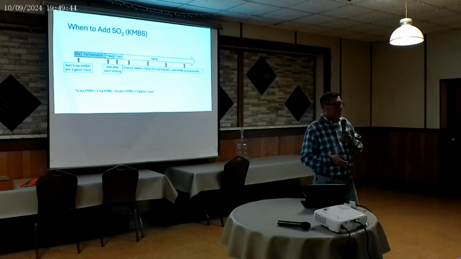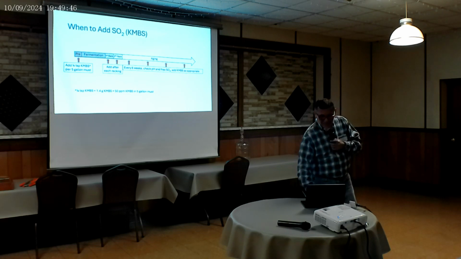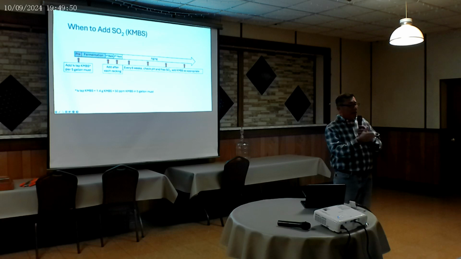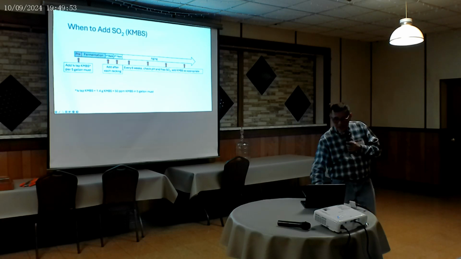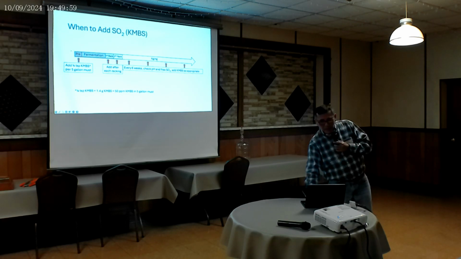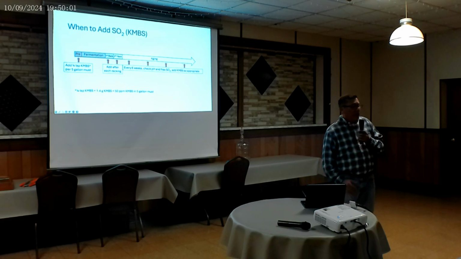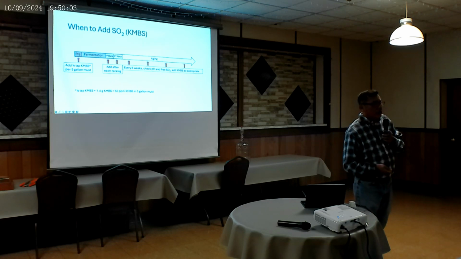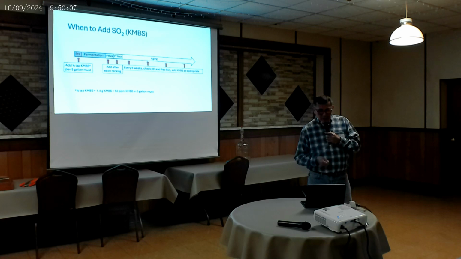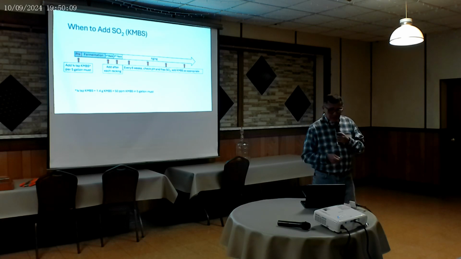So when do we add sulfites to our wine? This is my practice, and certainly anybody can chime in and talk about that. So I add pre-fermentation. Okay, this is fermentation, and this is the anchor to this timeline.